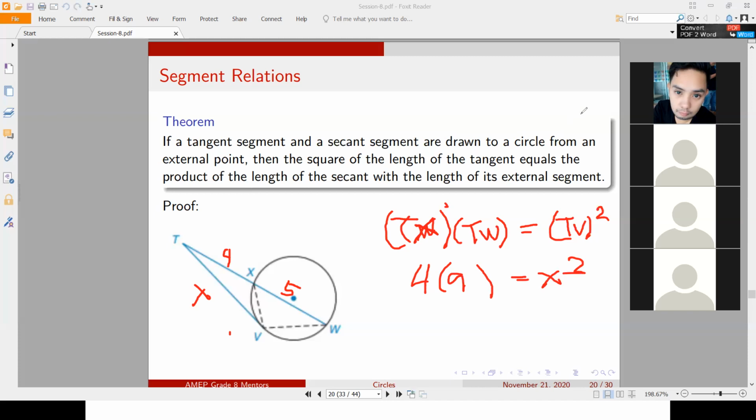Kasi x nawawala, then x squared. So that's 4 times 9. 36 po. 36. Equals x squared. So para makuha natin yung x, is square root natin. So x is equals to 6. 6 po. So yun po yun. Gets po?